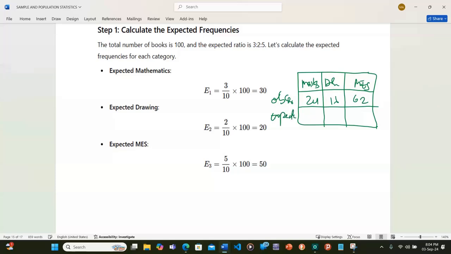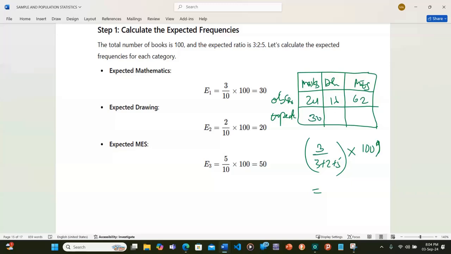So the expected here would be the proportion of math, 3 out of the total, which is 3 plus 2 plus 5, and then we multiply by the total, which is 100. So this is 3 out of 10 times 100, and this would give you 30.